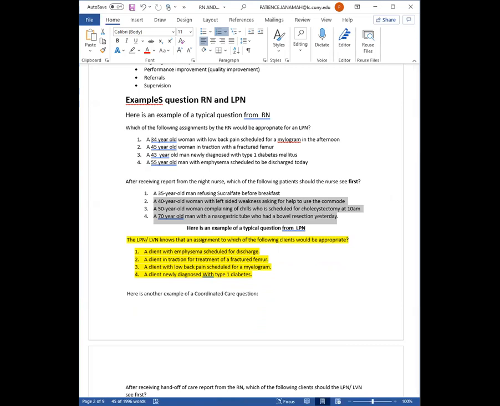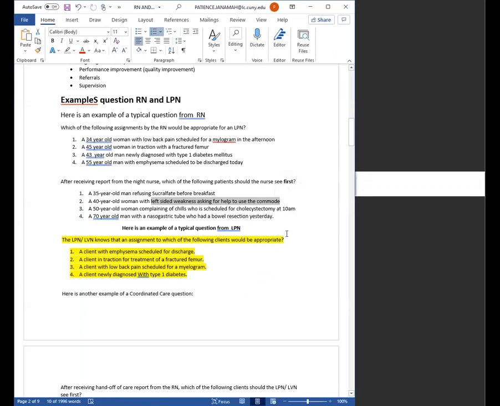So for the safety of this patient with left-sided weakness, you will be concerned about that patient. But the one that is going for a surgical procedure and is complaining of chills is something new. So I would do vital signs for this patient. That's the assessment. You ask the patient more about the chills, and then you get the vital signs. And you quickly go to number 2, who needs the commode. You give the patient the commode.